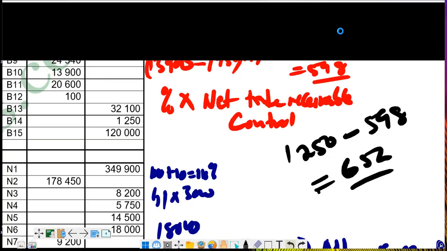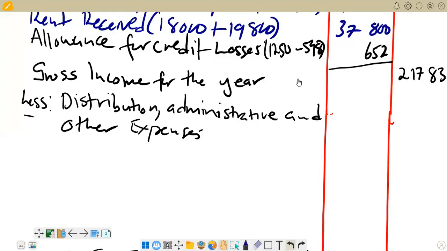Here we are going to just list the expenses, and after listing them, obviously the total of those expenses is going to come in line with the heading that we are having for distribution, administrative, and other expenses. It's going to come here, and we list the expenses in this column. So we go back there to our nominal section. That's where we're going to get our expenses.